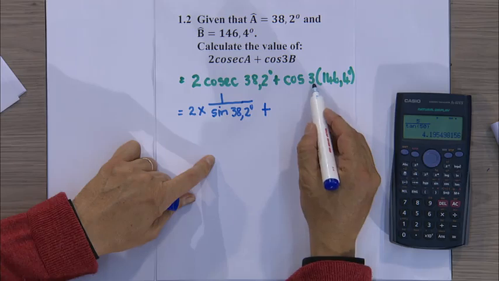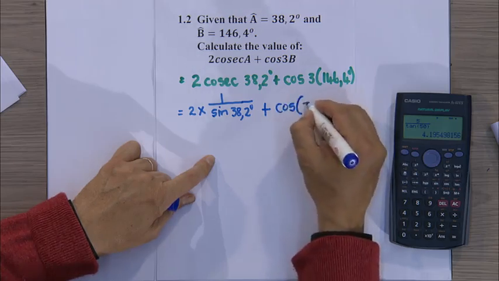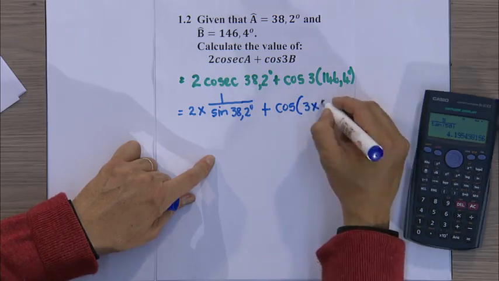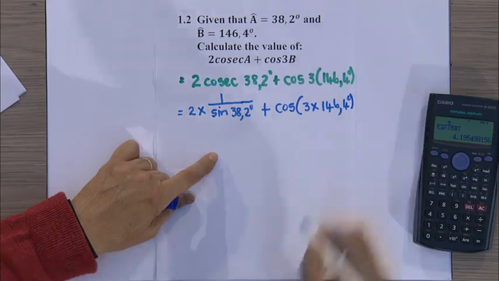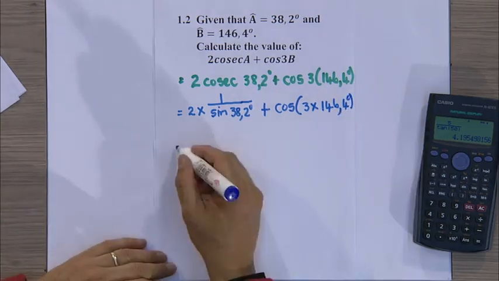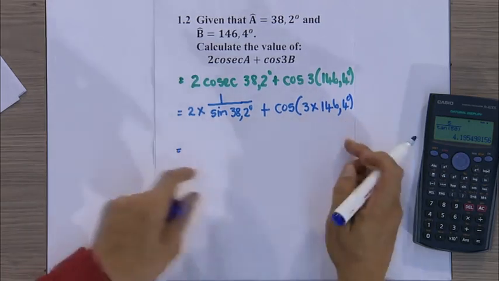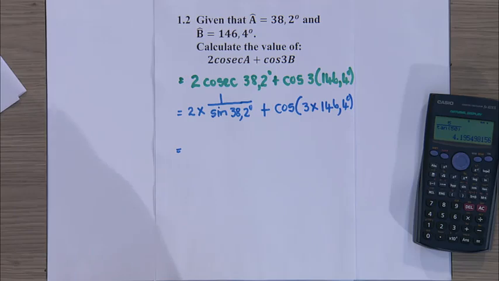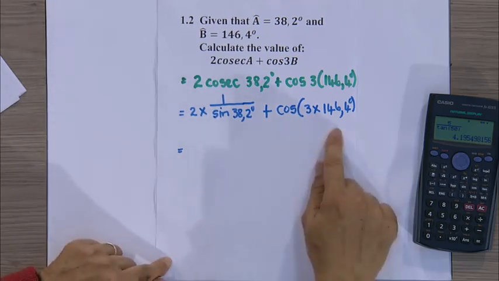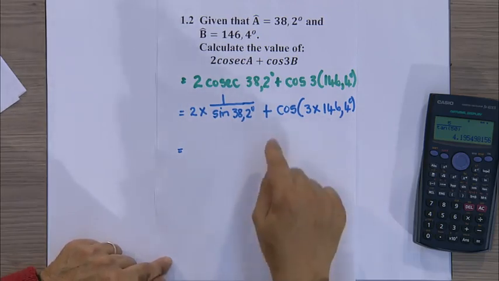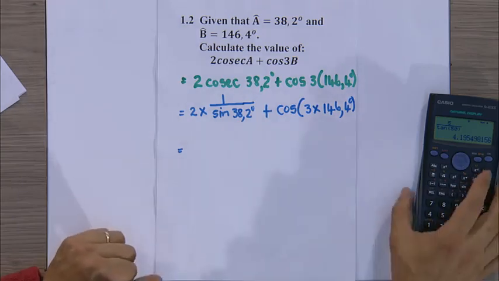This means 3 times that value, so 3 must be multiplied with cos of 146,4 degrees. Yes, I know you might work out this and then add the two answers. It is advisable to do it in one go, because what is quite important here is that you might make a rounding off error.